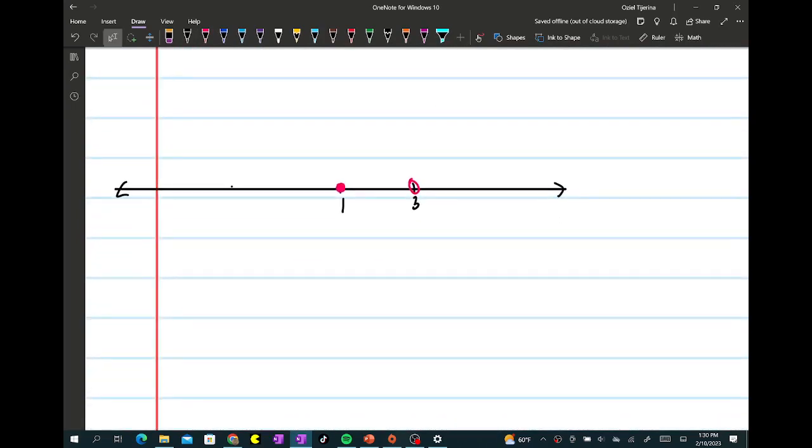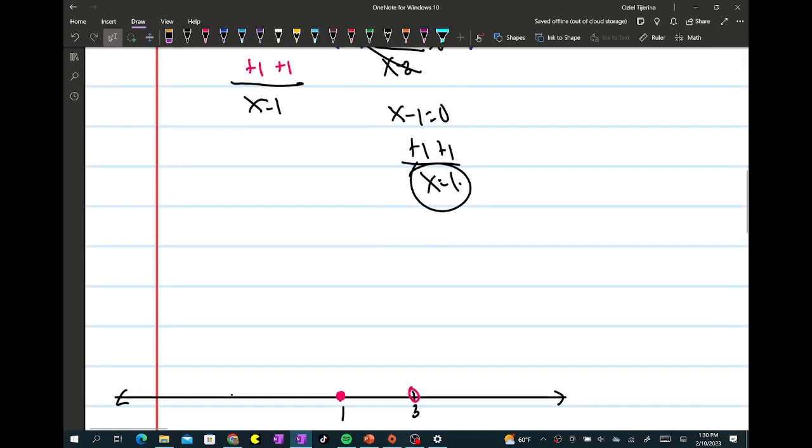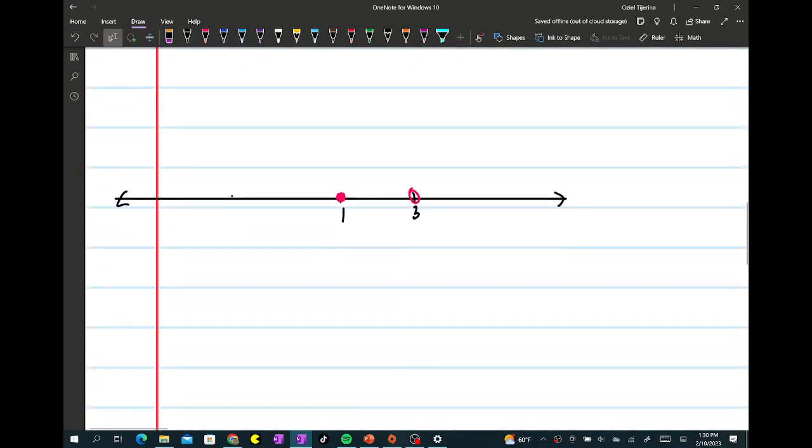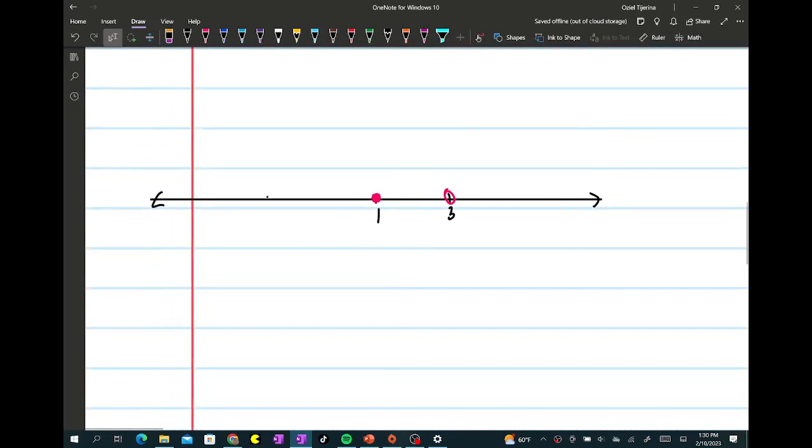Now, the idea here is that we're going to look at all the numbers that are less than 1. So that's the interval from negative infinity to 1, including 1, which is this part over here.